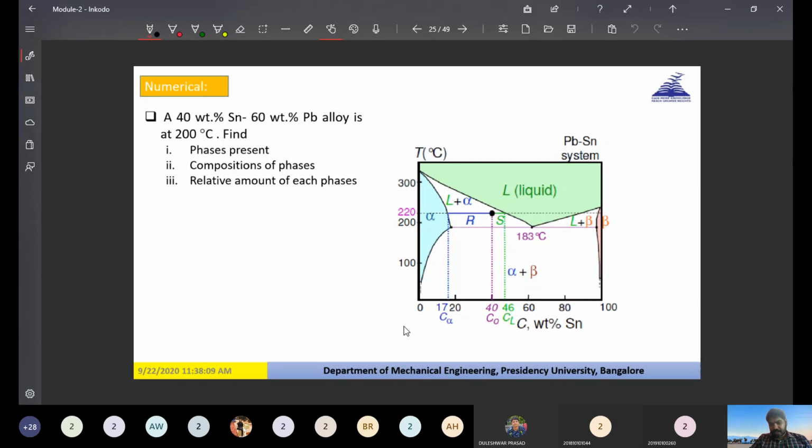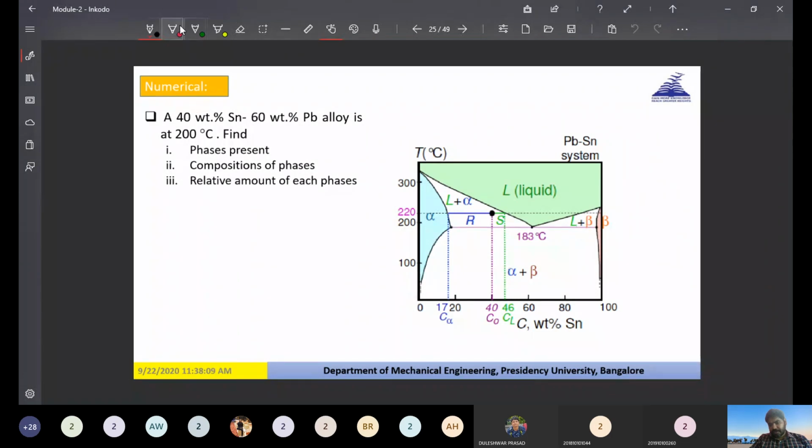It means here the lead concentration is 100%, and as we move along the lead percentage will decrease and tin will increase. So here we have 100% tin. This is the binary eutectic phase diagram of the lead and tin system, and this is our liquidus line, these two are the solidus lines, and this is our solvus line.